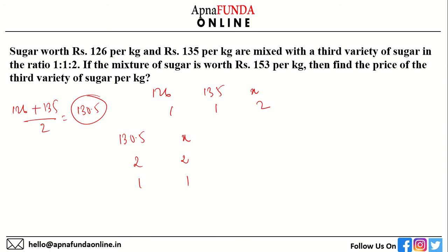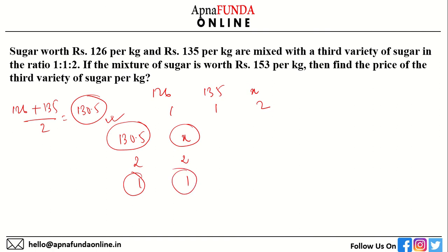Since we know the first two varieties' prices and ratio, we took the average of the first two varieties, which is 130.5. We now know their ratio as 2, and the third variety, which is X rupees a kg, also has ratio 2. So now can I say that the two varieties of sugar are priced at 130.5 and X rupees per kg respectively, mixed in the ratio of 1 is to 1.